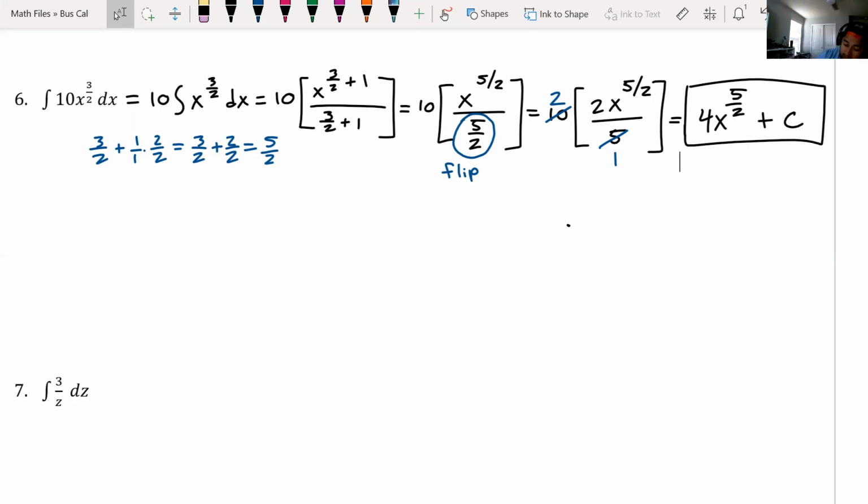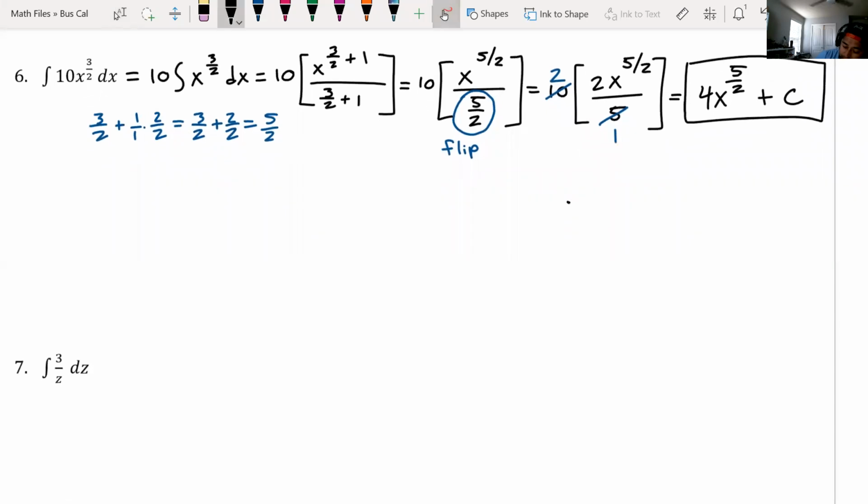Okay. 7. The integral of 3 over z dz. So what I'm going to do here is take the 3 out. This is going to give me 3 times the integral of 1 over z dz.